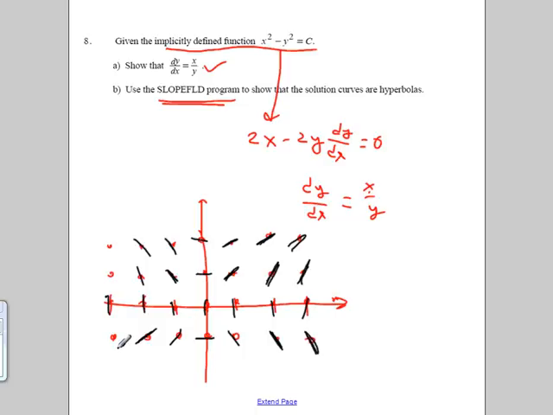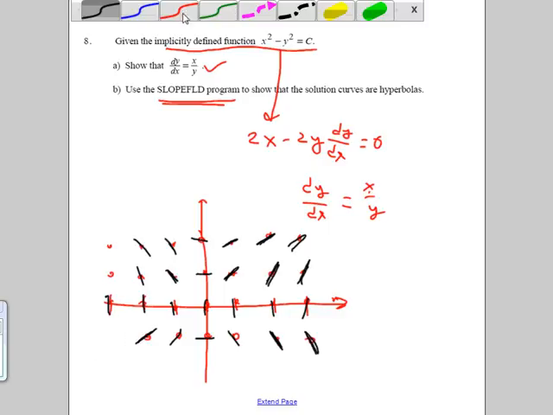And what we see here, sorry, that last one should be a positive slope because it's negative 3, negative 1. So we're talking about a slope of positive 3.